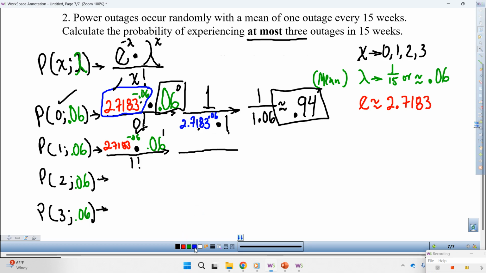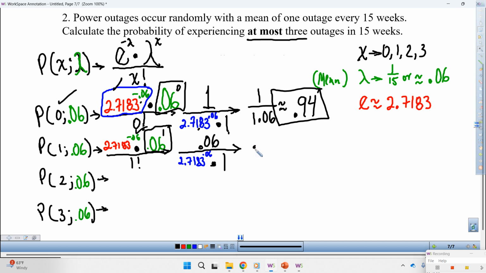So what do we have here? We bring this one down over here, so it's 2.7183 to the 0.06 exponent, times, what is 1 factorial? 1 factorial is 1. And question, what is 0.06 to the first power? It's still 0.06.